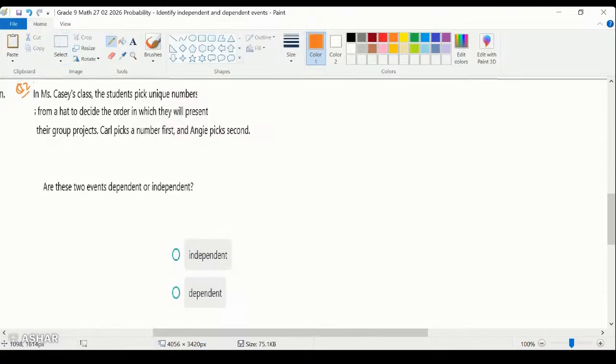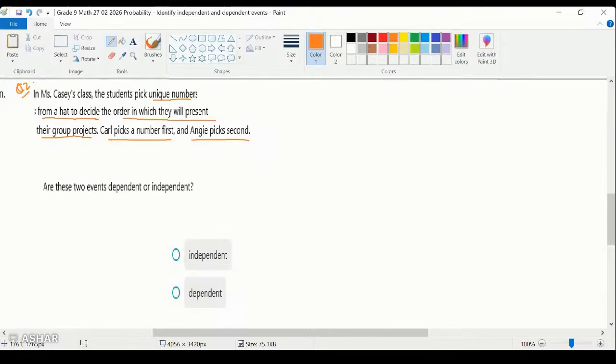In Mrs. Casey's class, the students pick a unique number from a hat to decide the order in which they will present their group projects. Carl picks the number first and Angie picks the number second, right? If there are 20 students in the class, there are 20 numbers in the hat.